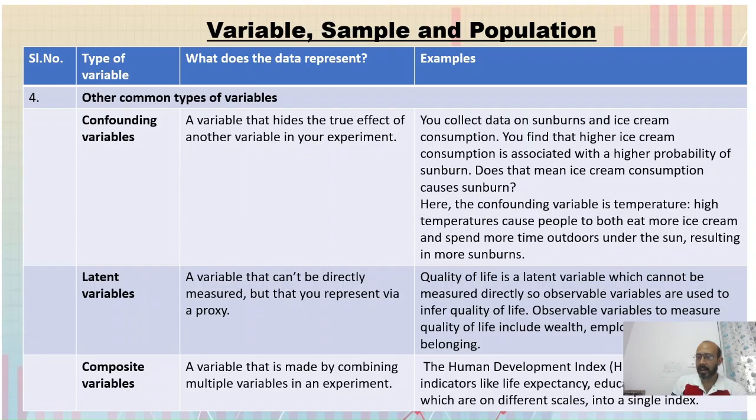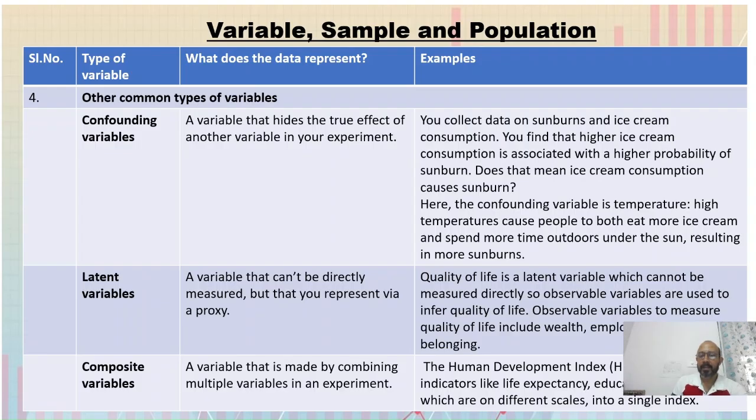Does that mean ice cream consumption causes sunburn? Actually, here the confounding variable is temperature. High temperatures cause people to both eat more ice cream and spend more time outdoors, like at beaches, under the sun, resulting in more sunburn.